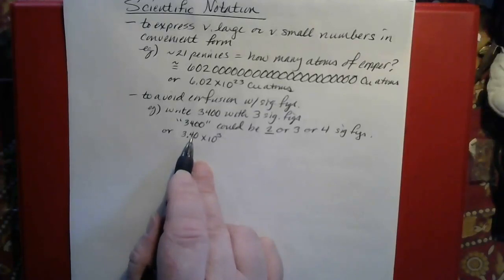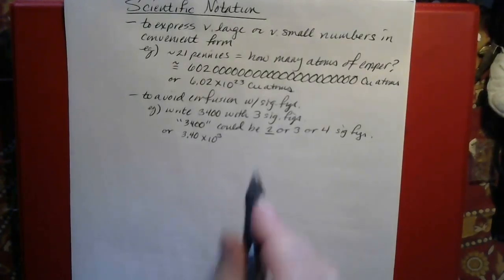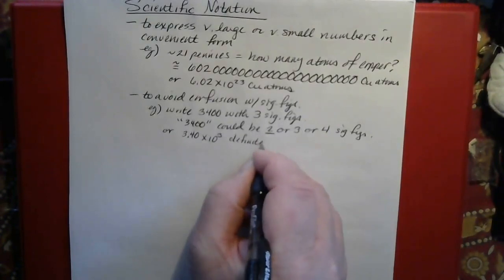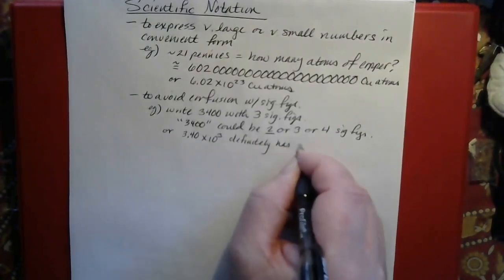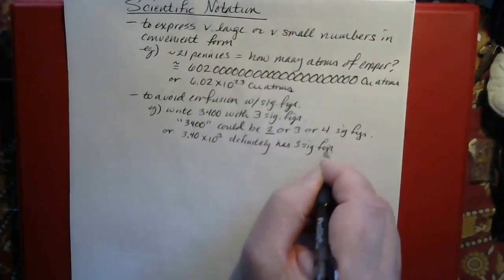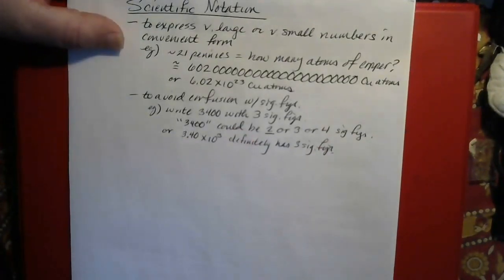The 3 and the 4 count as significant because there's a decimal point. The 0 at the end counts. That's 3 significant figures. So that number definitely has 3 significant figures. So it resolves the confusion in certain situations also.